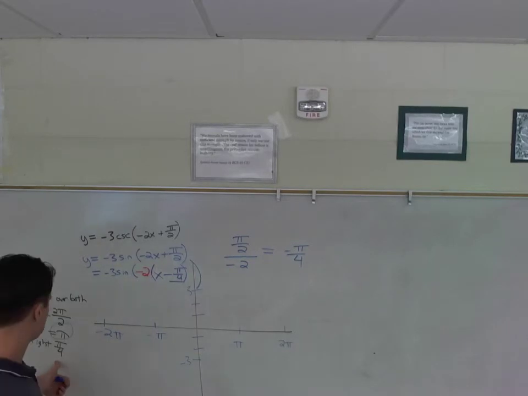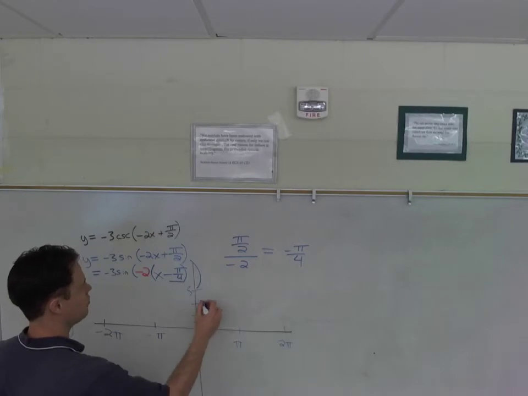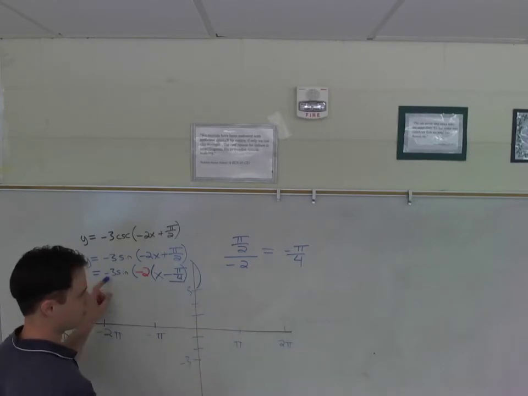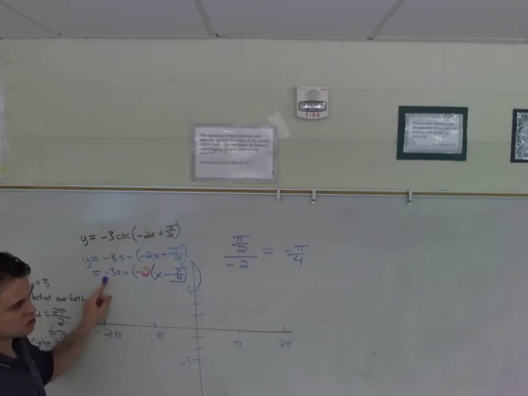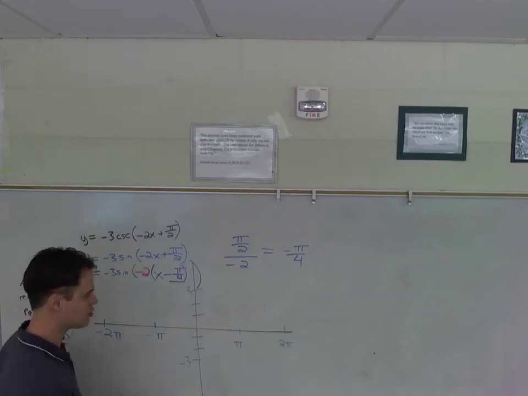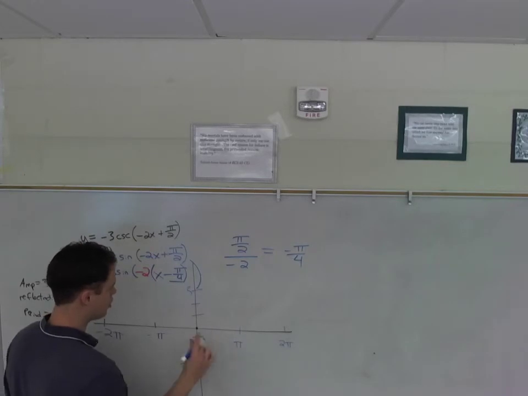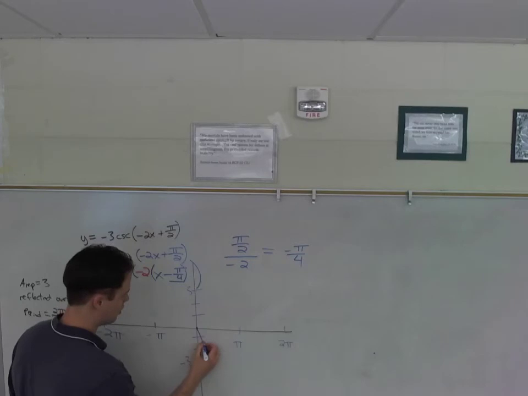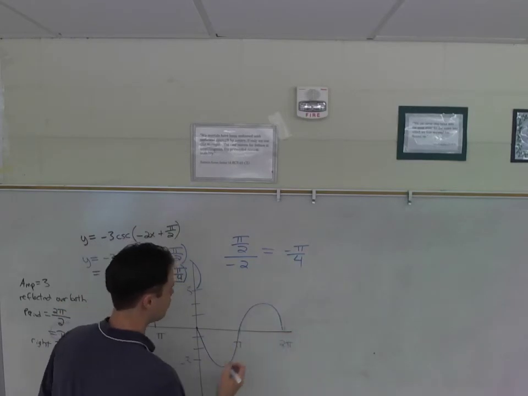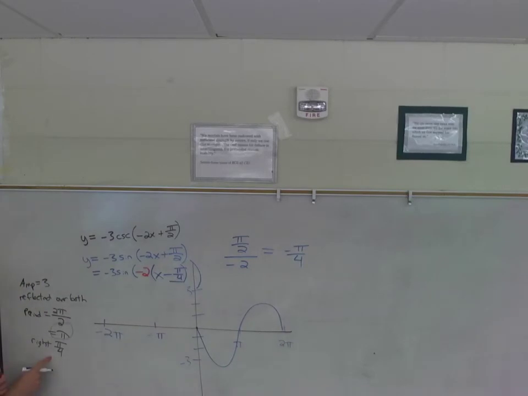Normally a sine function would start here and go up. Remember, ours is going down because of this minus, and we're going to have to flip it at the end of the day. So maybe I will do some erasing here. I'm kind of changing my mind. I'm going to ignore the phase shift and just start thinking about what it looks like. If I ignore the phase shift, it's that. Now I'm going to have to move it right by pi over 4, and then I'm going to have to flip it over.